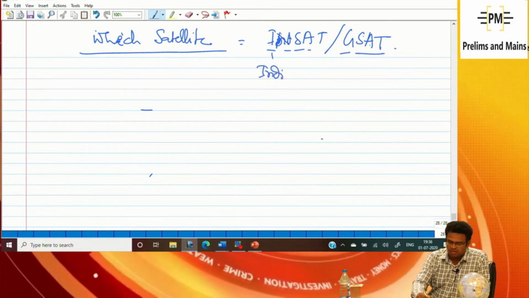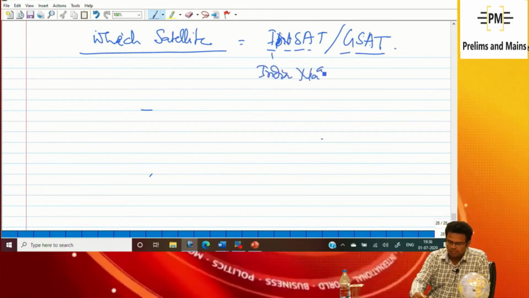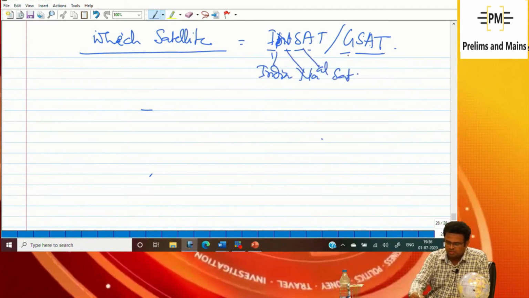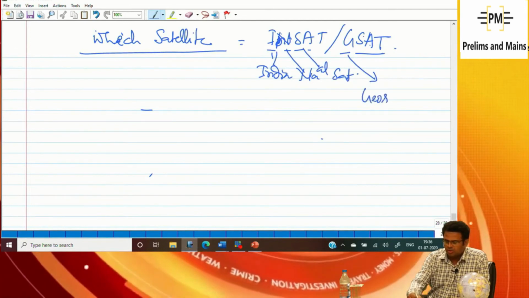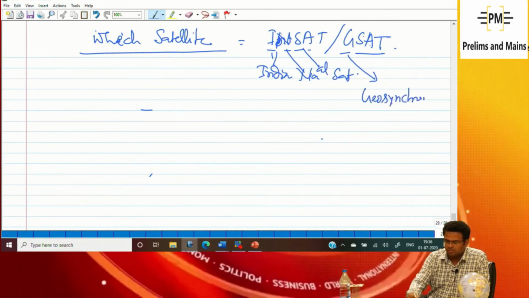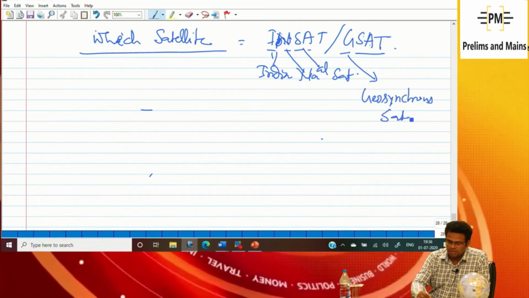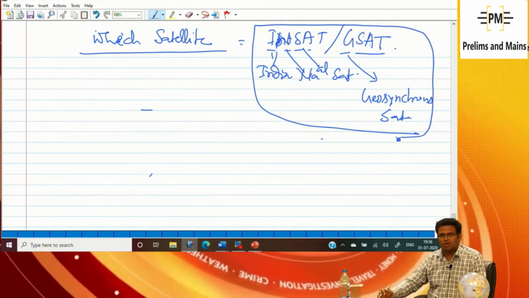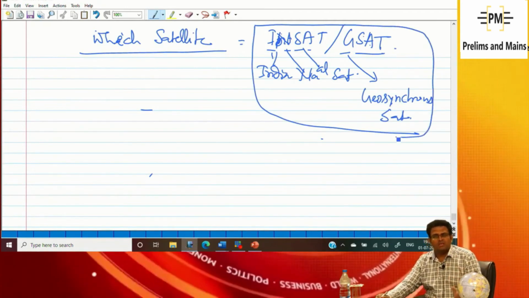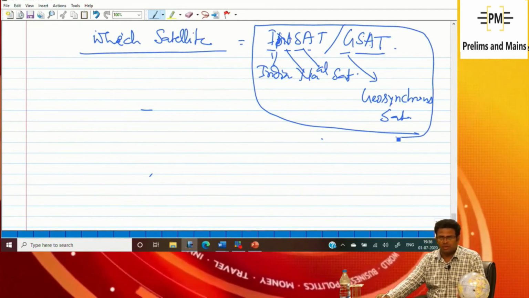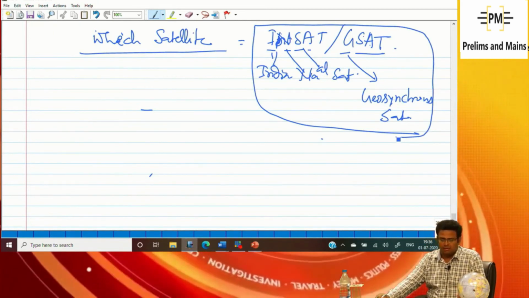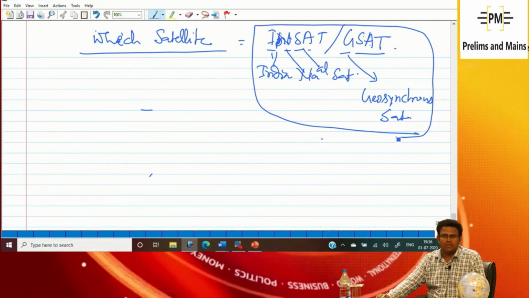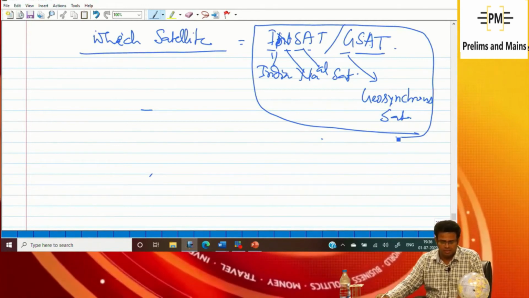INSAT means Indian National Satellite, or GSAT means Geosynchronous Satellite. In the low Earth orbit we have IRS, Indian Remote Sensing Satellites, which you saw yesterday, and in the geosynchronous Earth orbit the satellites are known as INSAT or GSAT.